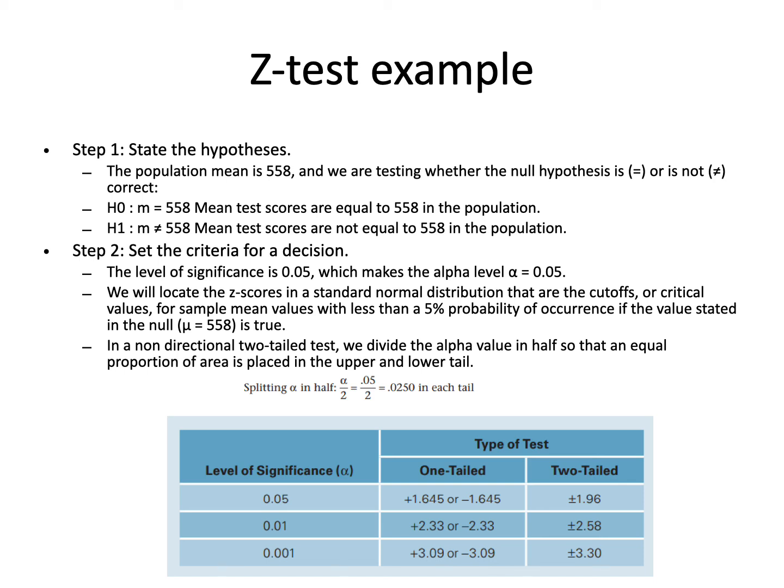In a non-directional two-tailed test, we divide the alpha value in half, so that an equal proportion of area is placed on the upper and lower tail, as we had already discussed. Like we split the alpha in half, so the alpha value will be 0.025 in the left tail and 0.025 in the right tail, and this is the alpha level of significance and its corresponding z critical values.